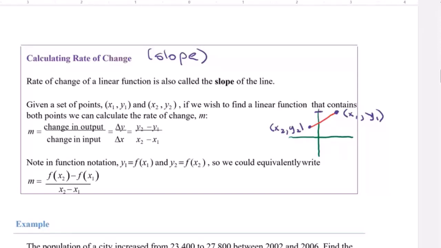So notice here, this value here would be y1, and this value here would be x1, because if I go out to x1 and up to y1, I would get my point. This point here is y2, and this point here is x2.